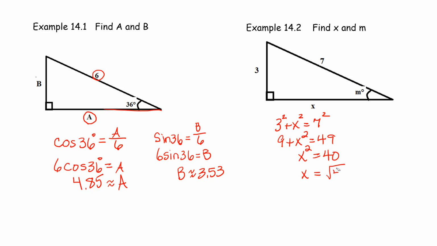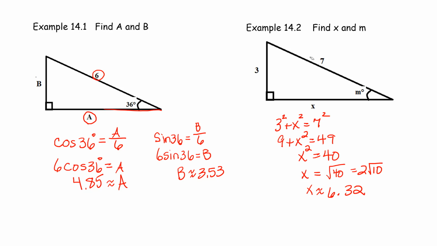So that's going to be the square root of 40, which is 2 times the square root of 10. And you could leave it that way, or if they ask you to approximate it to a certain number of decimal places, you could hit 2 times 10 square root, and that would give you about 6.32 for X. So X would be about 6.32. That would be if we approximated it to 2 decimal places.